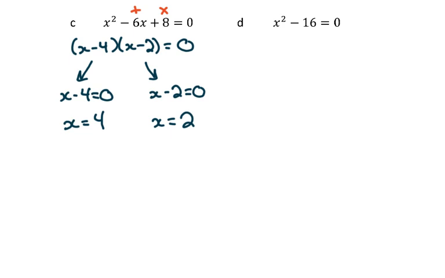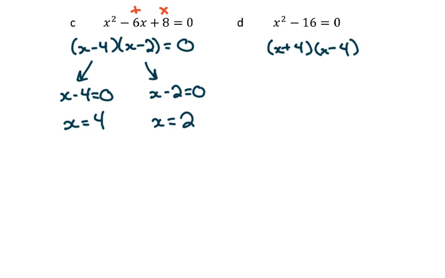Example D, we need to remember that we have differences of squares that exist. We will see those from time to time. This one is a special type of factoring. Two brackets, the square root of each of those terms, so x and x, as well as 4 and 4. One plus, one minus.